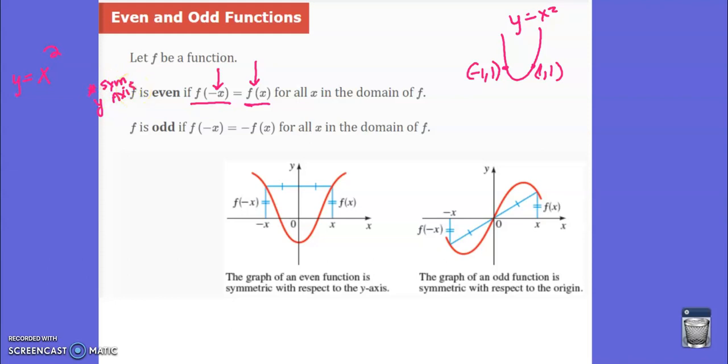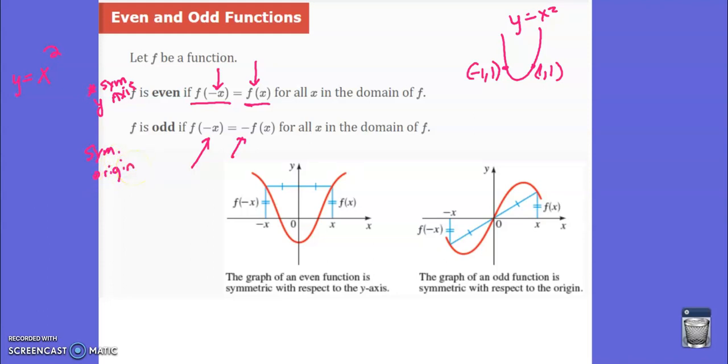Now, if it's an odd function, when I substitute negative x into the function, I end up getting the negative of f of x. If that's the case, it's an odd function, and it is symmetrical with the origin.